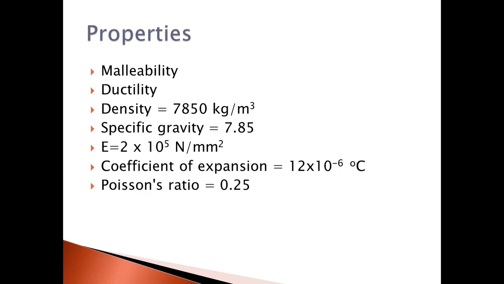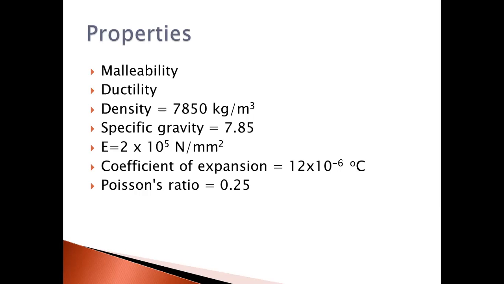Okay, so let's start with density. We should know the density of steel. The density of steel is 7850 kg per meter cube. What it physically represents is, if we have a volume of 1 meter by 1 meter by 1 meter, that is 1 meter width, 1 meter length and 1 meter height, completely filled with steel, then the mass of that steel will be 7850 kg.